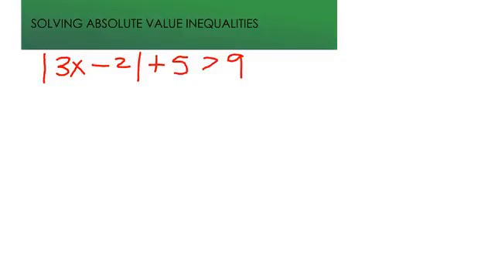Remember that we need to move this extra step. This extra step is going to move first, this 5. So that'll give me the absolute value of 3x minus 2. If I subtract 5 on the other side, I get 4. So that's what I'm going to work with.